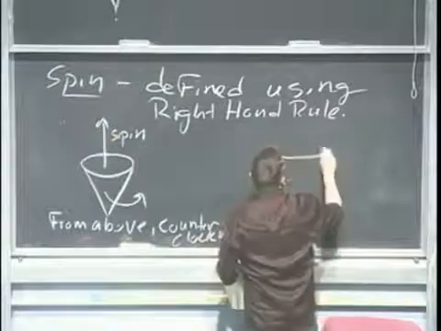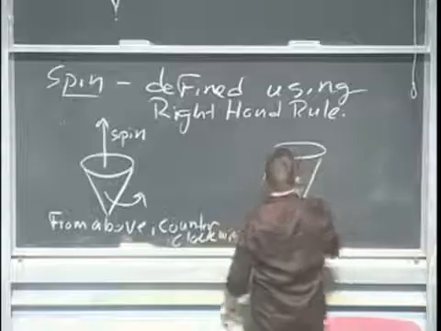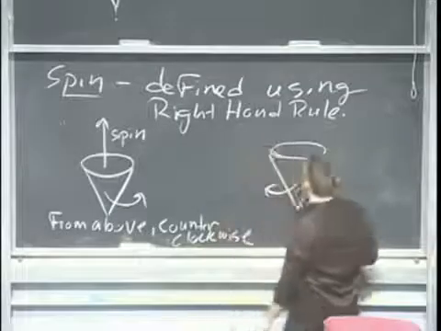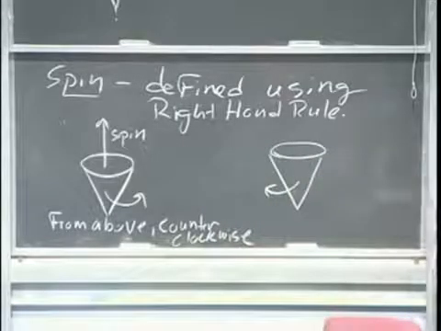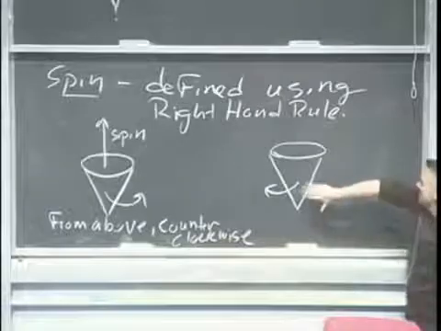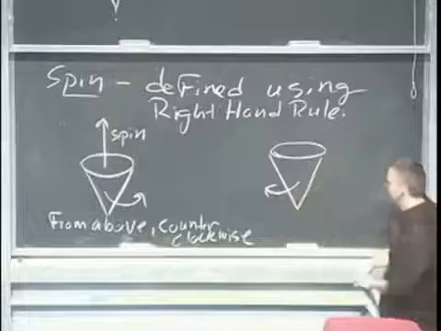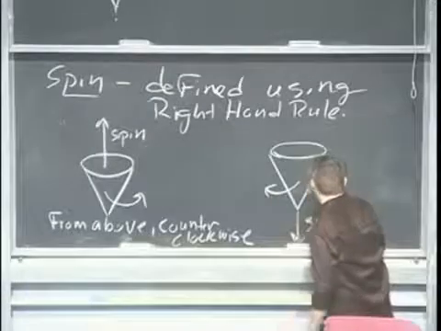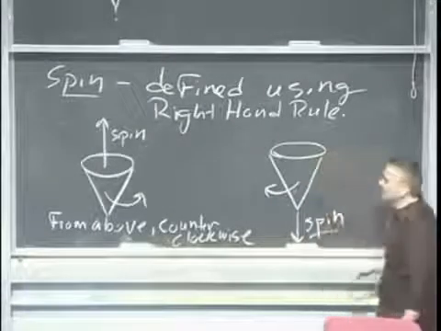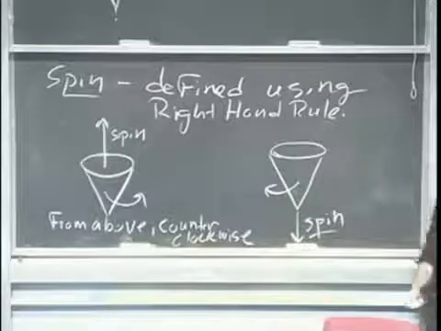Okay, likewise, if we take the same object and spin it in the opposite direction, using our right-hand rule, we roll our fingers into the direction that it's rotating, and the spin would be defined in the downwards direction.